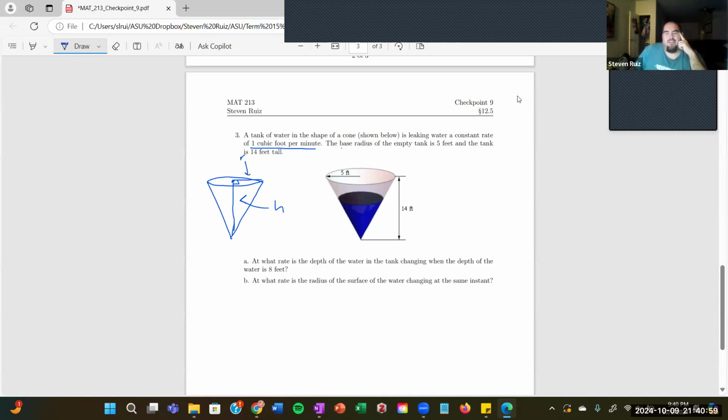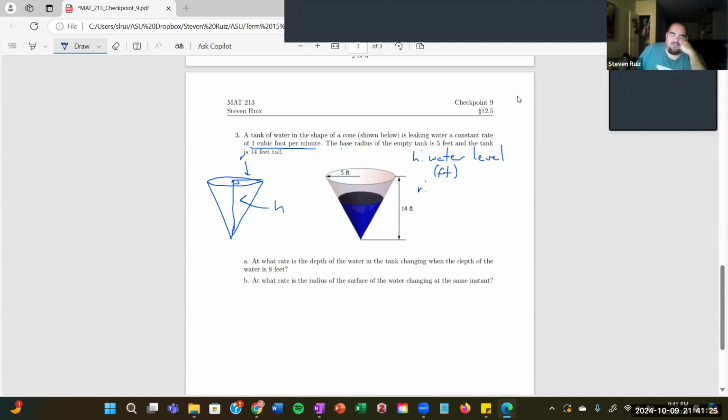And to be perfectly clear, H is the water level. Not the height of the tank, but the height of the water in the tank. So that's going to be measured in feet. And what else do I need to know about? Oh yeah, the radius.